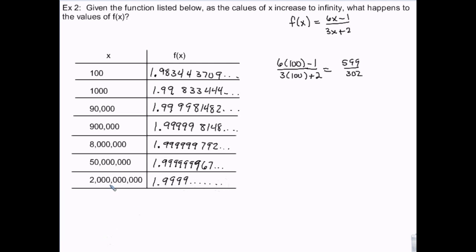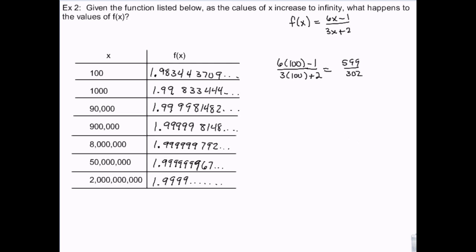Okay, I have now plugged in 2 billion, and I'm at 1.9, and then there's a whole bunch of nines repeating. I could plug in 20 billion, or a trillion, and I'm still going to get 1 point and then a bunch of nines. No matter what I plug into this, I'm going to get 1.9 something. I won't get anything that goes above 1.99999 with all these nines. I'll continue to keep getting nines.